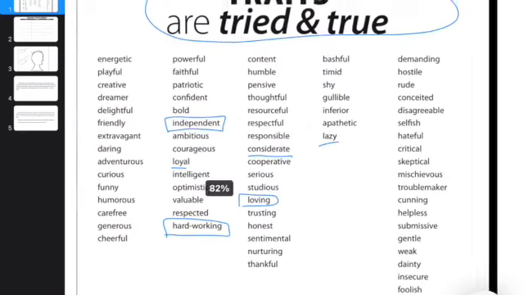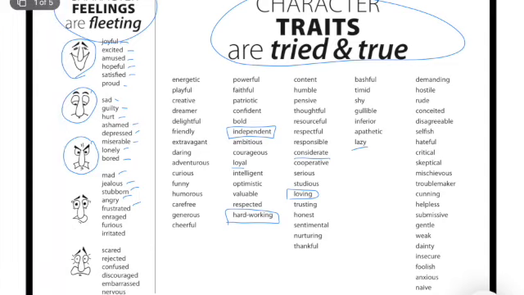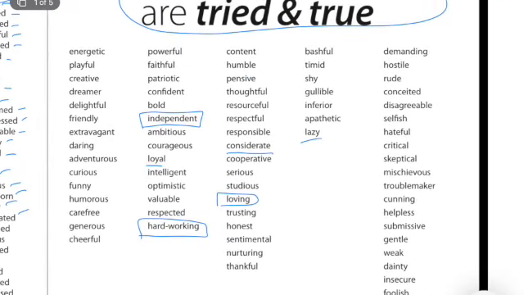Well, let's look up here at our trait list. Now, we can look up over at the feeling side and say, oh, well, she's hopeful. Hopefulness gets dashed. We don't want to look over here. We want to look over here with the traits. What is a word for someone that likes to learn? Someone that likes to take that time to learn like that?